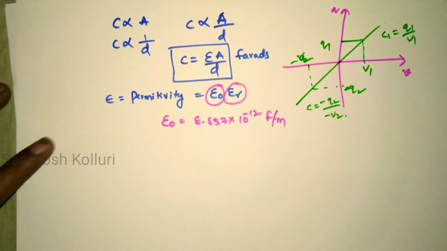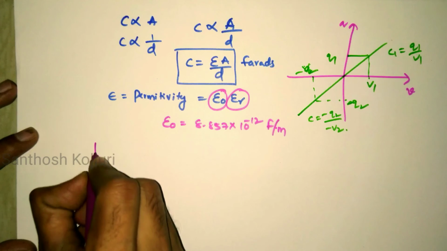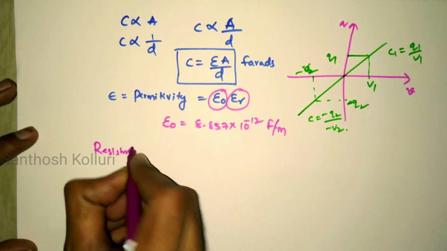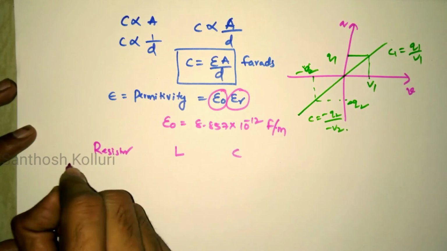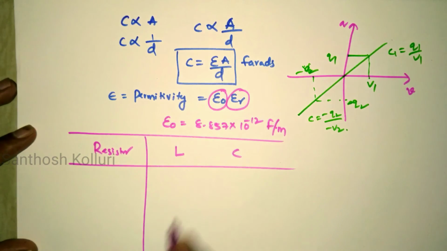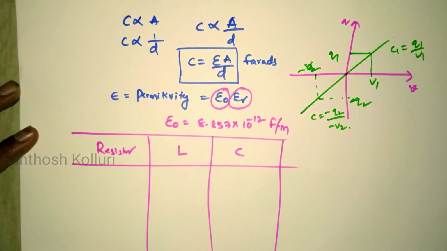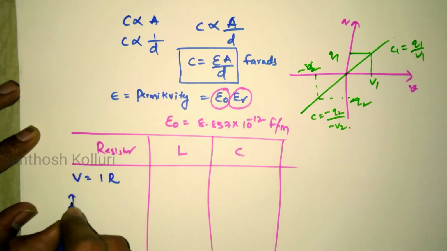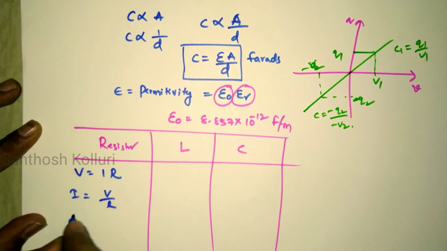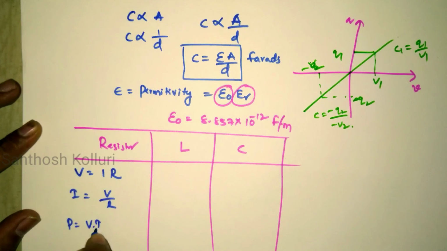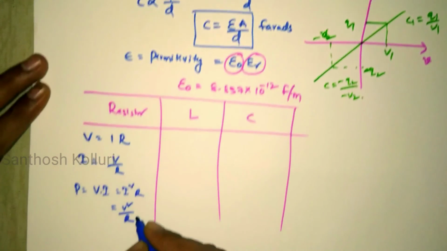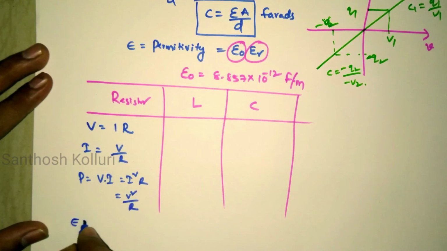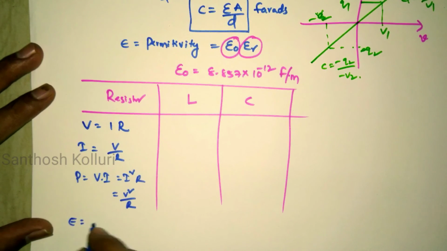In short, I will write all the formulas together, for the resistor, the inductor and the capacitor. For the resistor, V is equal to IR, I is equal to V by R, P is equal to V into I, which is equal to I square R, which is equal to V square by R, and energy is the integration of P dt.